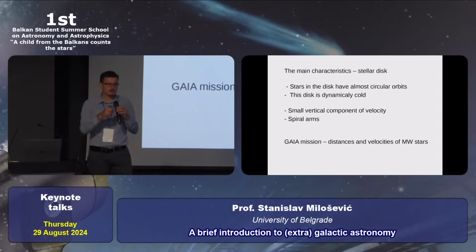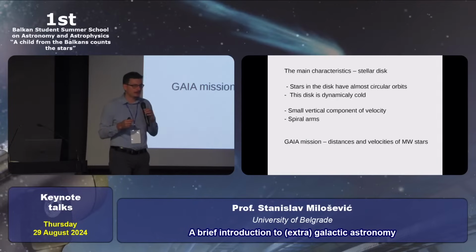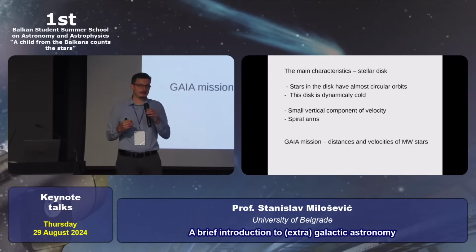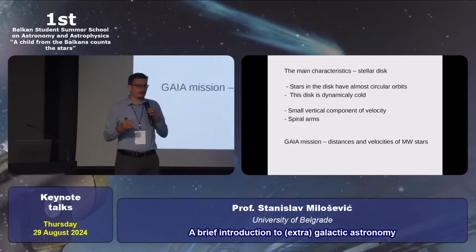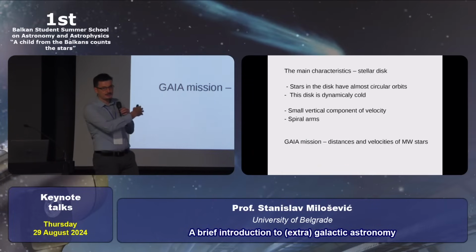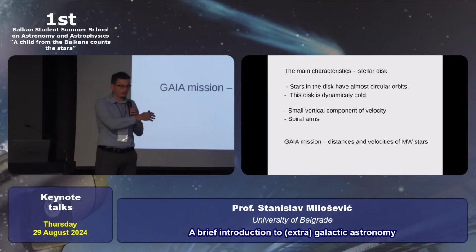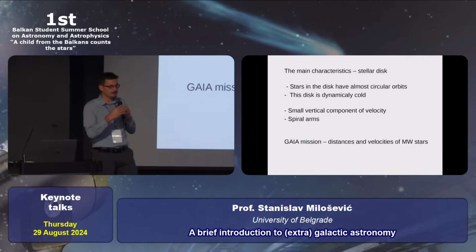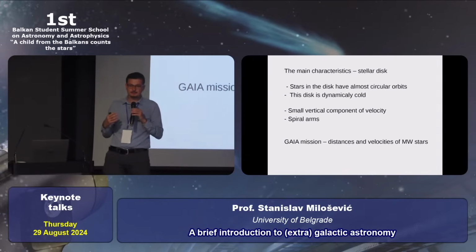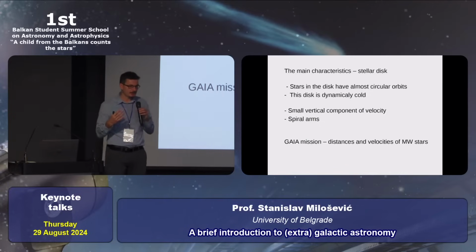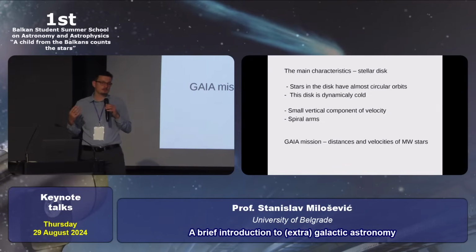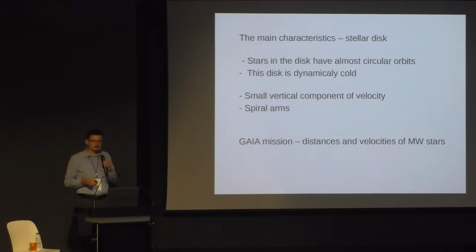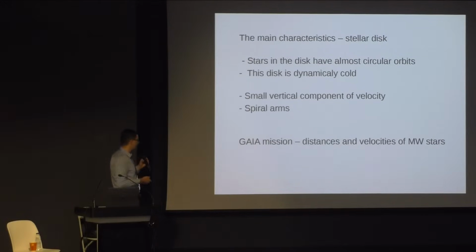We cannot just put random numbers in our code, and we need to find those parameters as well as we can. To do that, we need a large sample of observed data: velocities, distances, as many properties as we can observe and get from the missions, mostly space missions, of course. So this is the connection between observation and theory. I would like you to remember that.